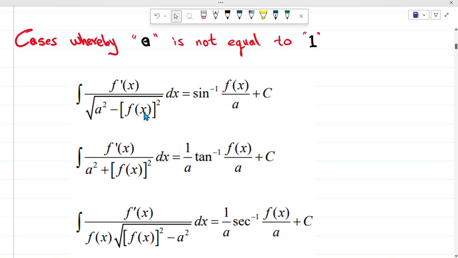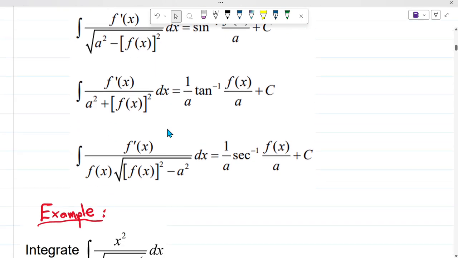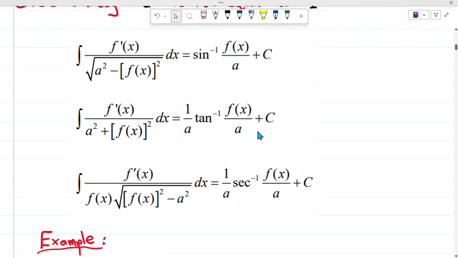What you need to make sure is that you must have the derivative on your numerator. You must have the derivative of what's here. You understand? So then you just make use of this formula, with regards to what kind of format you have on your left hand side, inside your integral or in your integrand.